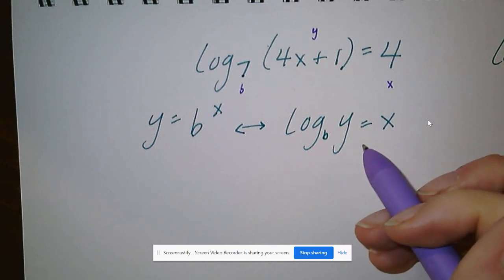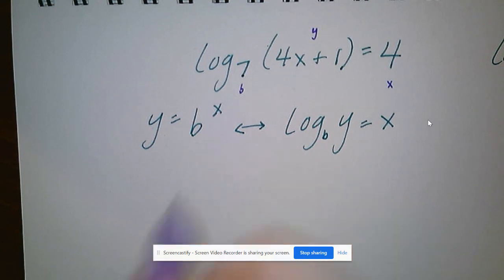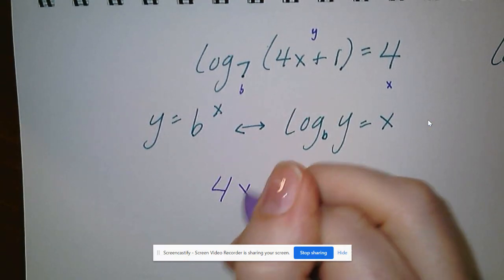If I'm going to rewrite this, remember this is exponential form. I have to do that because I can't easily drop something or set something equal here. So I'm going to rewrite it in exponential form, and I'll be able to simplify some numbers and solve it.